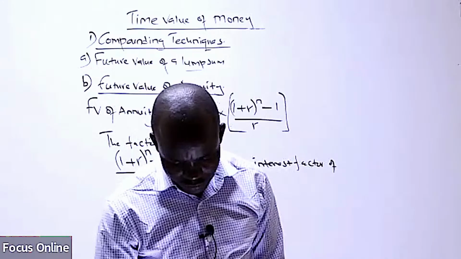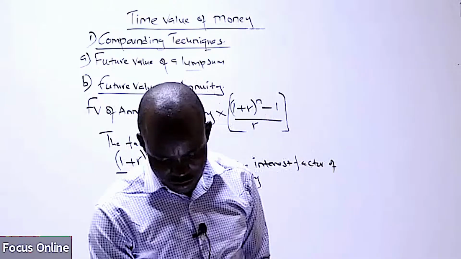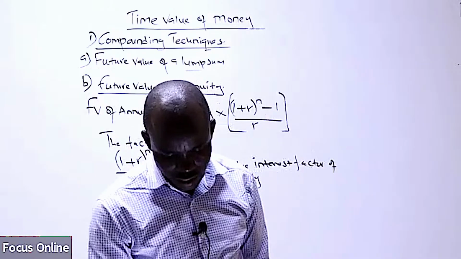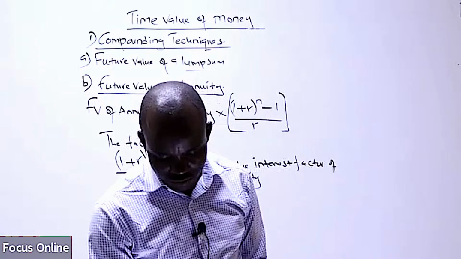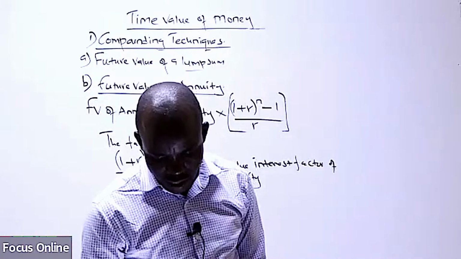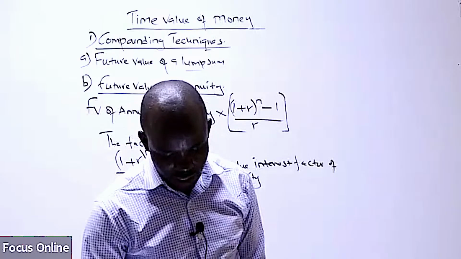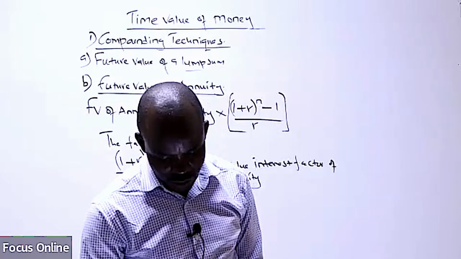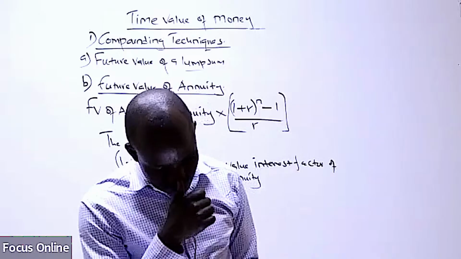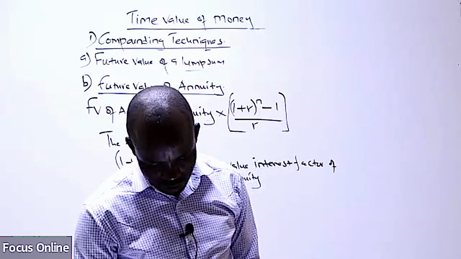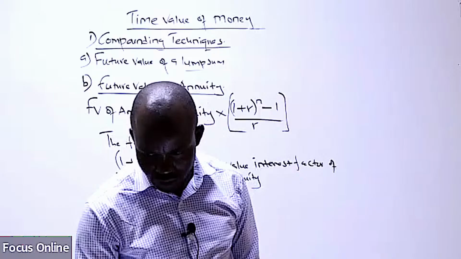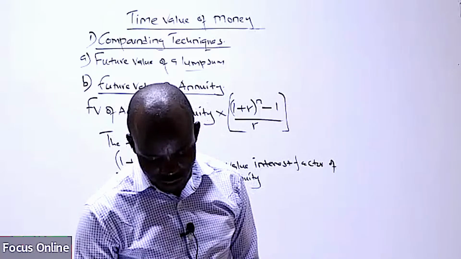An investor intends to invest shillings 60,000 at the end of each year for 4 years.